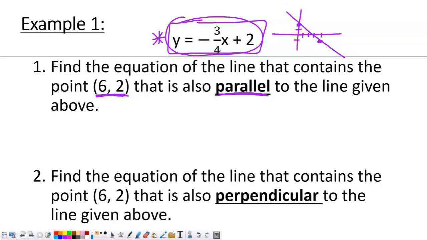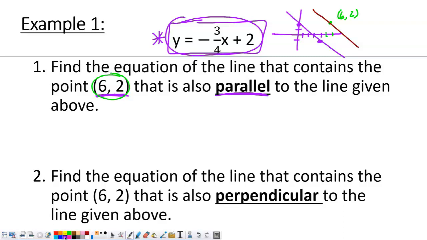Now the point (6, 2) would be right about here. So that's the point (6, 2). Now can you guys imagine a line that goes through that green dot that's also parallel to the purple line? It would look like this, right? It's parallel to the purple line, and it goes through the green dot.